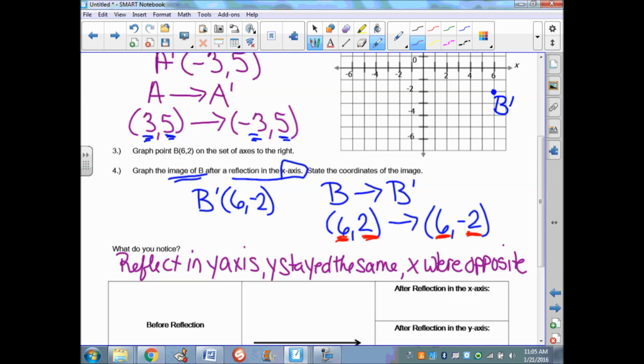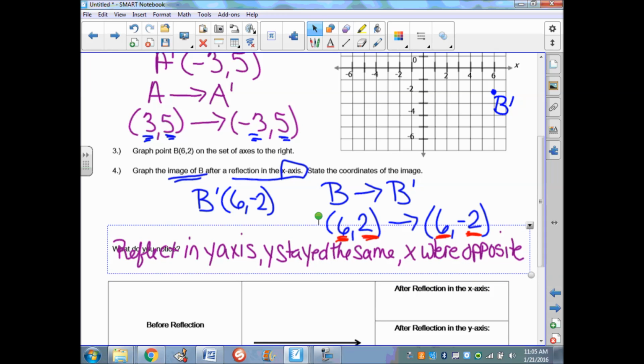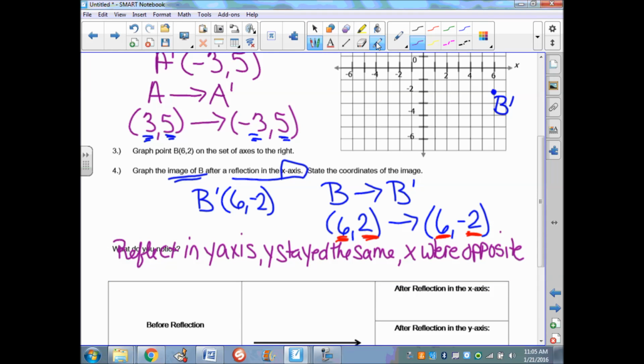Let's see, I think I'm going to see if I can move this sentence up. Oh, I can. Beautiful. What happened in 3 and 4? When we reflect in the x-axis, what stayed the same? The x stayed the same. The y's were opposite.